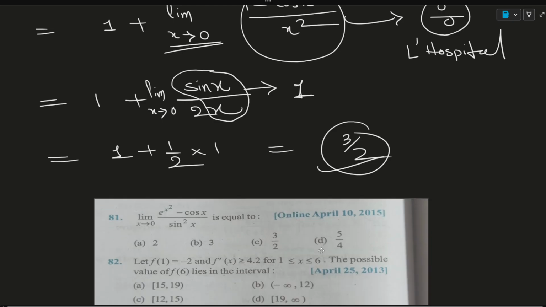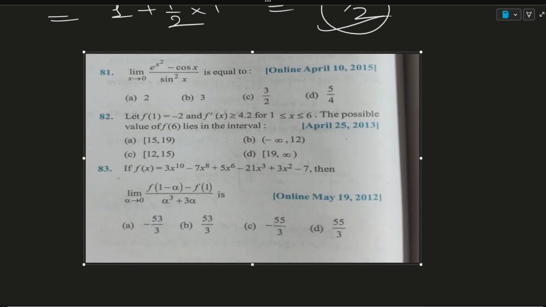So from here you can see that our required question is, now we'll solve question number 82. Here we are given what? F of 1 equal to -2, f dash x is greater than or equal to 4.2, when the value of x is between 1 to 6. Then the possible value of f of 6 will be what?